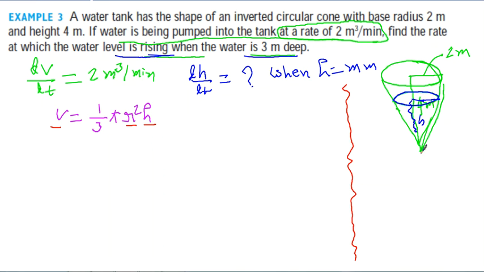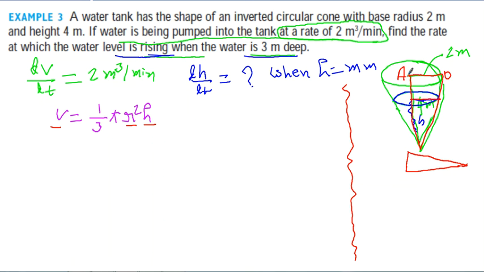Probably you remember the similarity of triangles. If we consider this portion as a triangle, we can see the big triangle is similar to the smaller triangle.